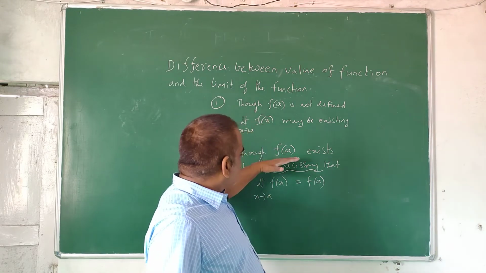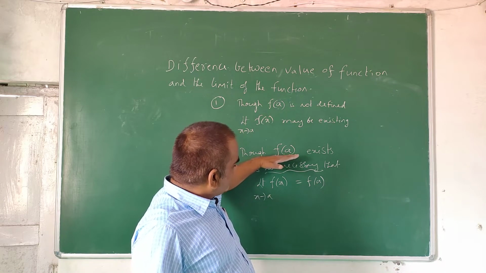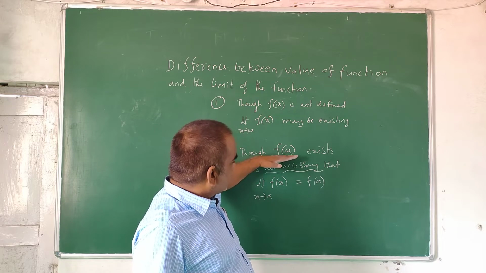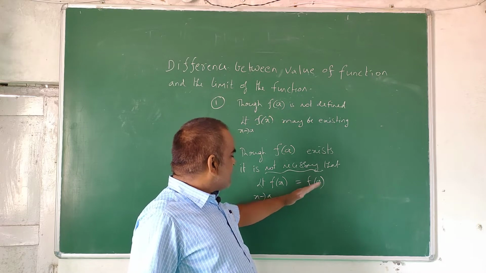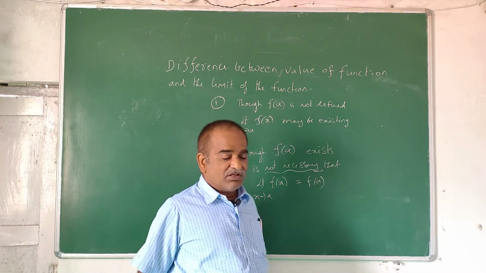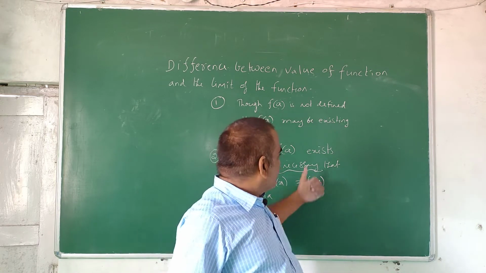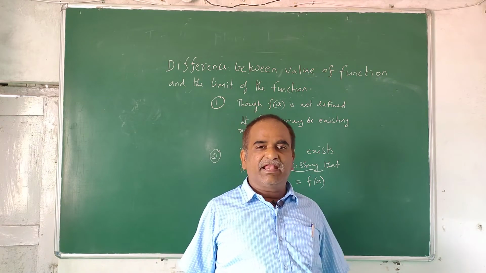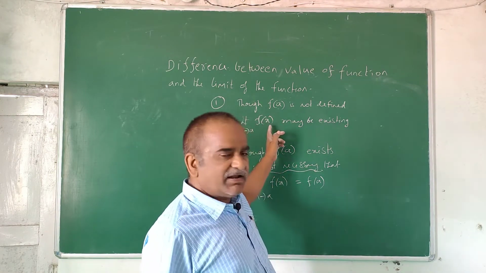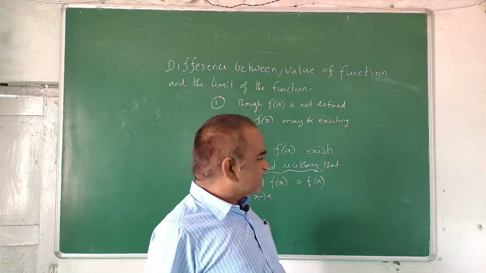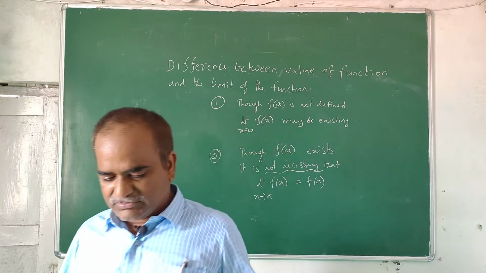So the function may have a value at a, which is f of a. It is a real number, perfectly existing, but that functional value is not necessarily equal to the limit value. Understood? For the first point, I have already taken an example. That is the table example only, which explains this first condition. Now for the second condition, I will take an example and show it to you.